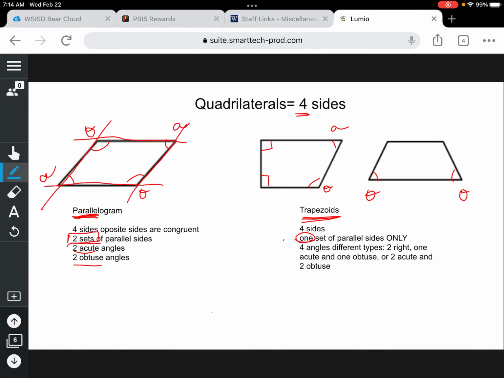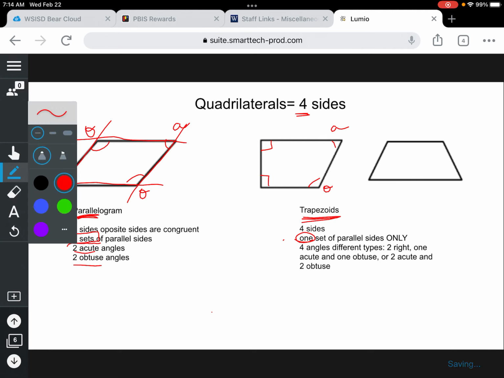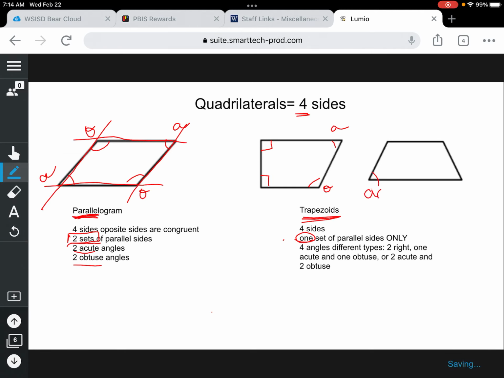For example, oh, I'm sorry, this is my other obtuse. They have acute, acute, obtuse, and obtuse. That's a little hard to see. You have to manipulate the shape and figure that out.